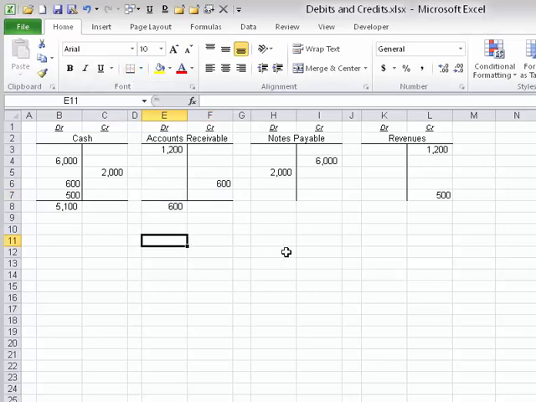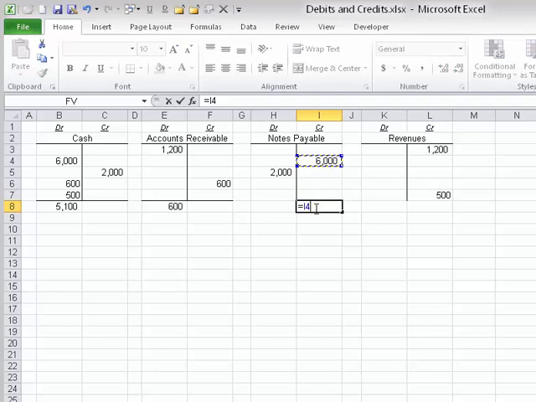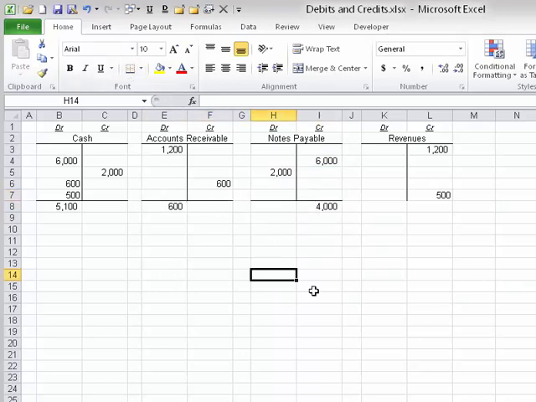And that's $600. Under notes payable, I would expect it to have a credit balance since that's a liability account. Well, the credits were $6,000. $2,000 of the note was paid back. Again, I'll just draw two lines here. I've got a $4,000 balance. My revenues, I did 2 tax returns.